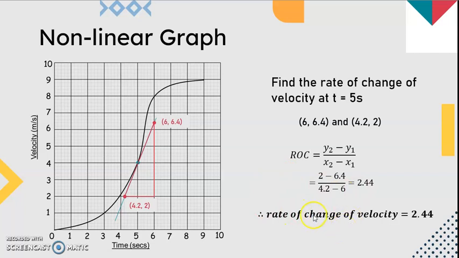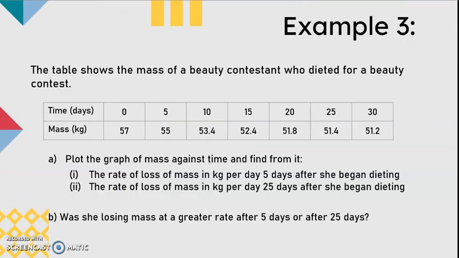So the rate of change of velocity is equal to 2.44 meters per second. So that is the rate of change for nonlinear graph. You need to first draw the tangent and then pick 2 coordinates. Alright? Okay, so now let's proceed to example 3.